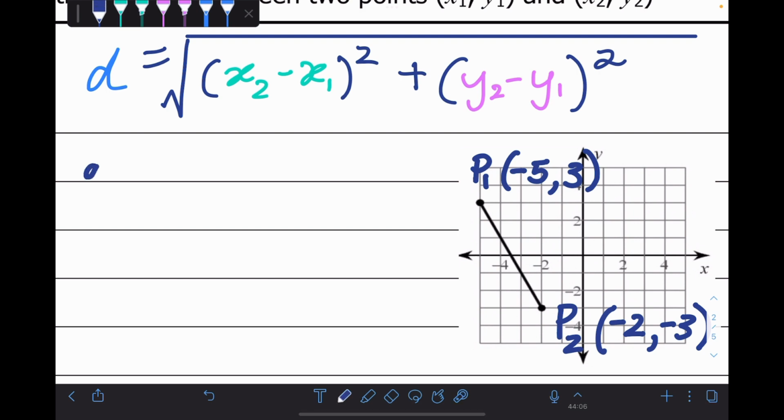Rewriting my whole formula: D is equal to the square root of, I'll do the top line in a moment, x2, so the first x point, the second x point. x2, so this is my second point, so my x here is 2, -2, sorry.